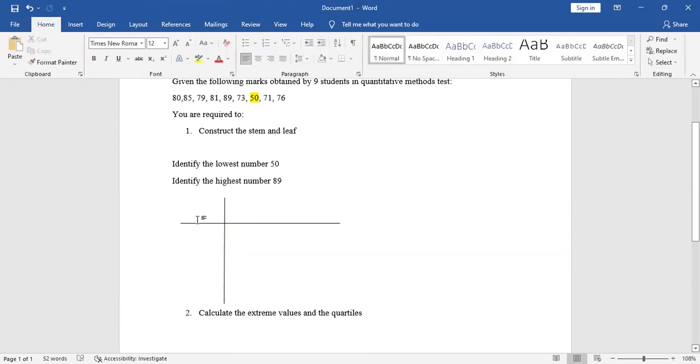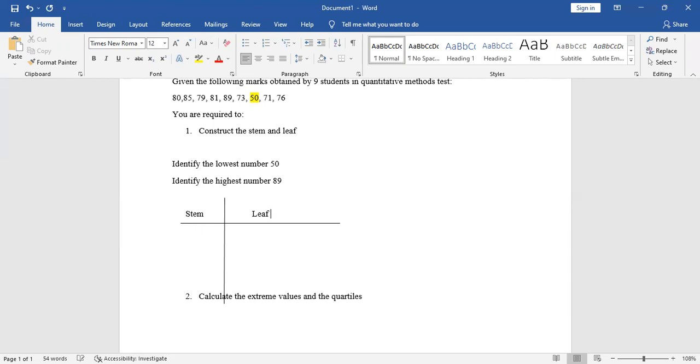I shall call this side of the diagram I've drawn the stem, and this other side the leaf. The stems will tell us the way the numbers are moving. The numbers are moving from the 50s to the 80s.